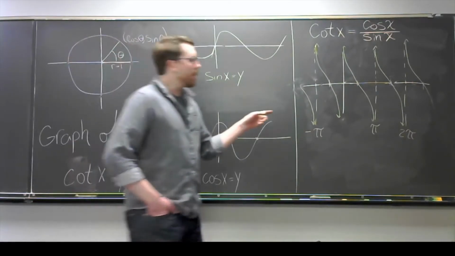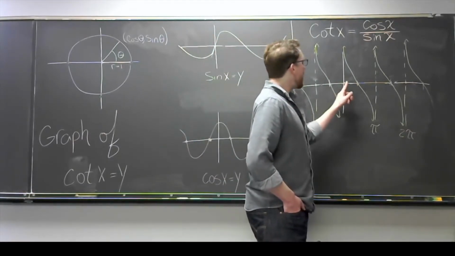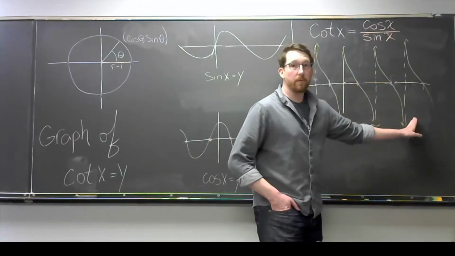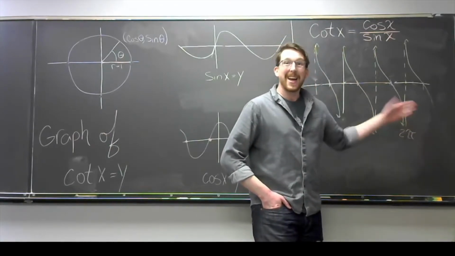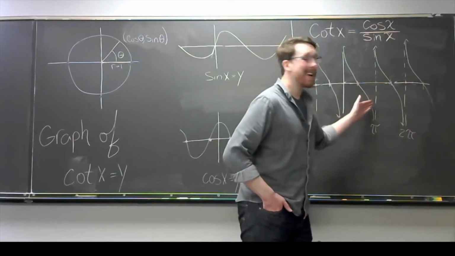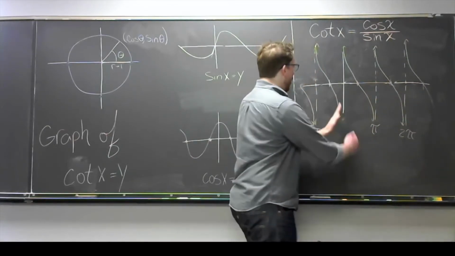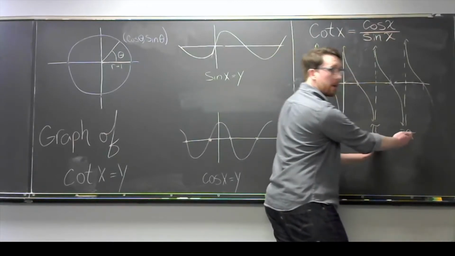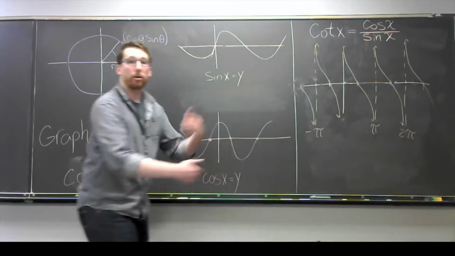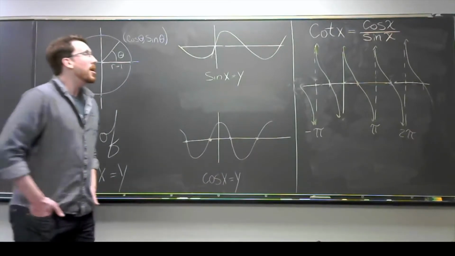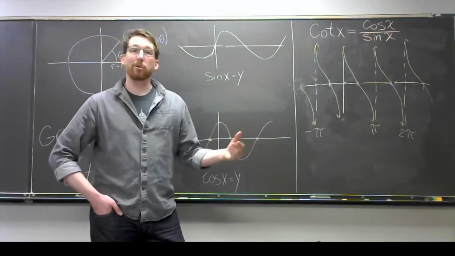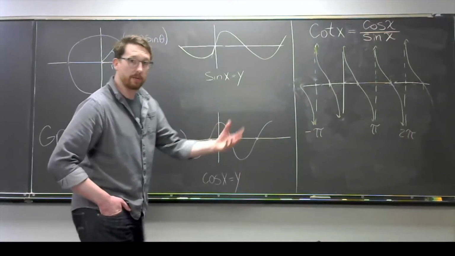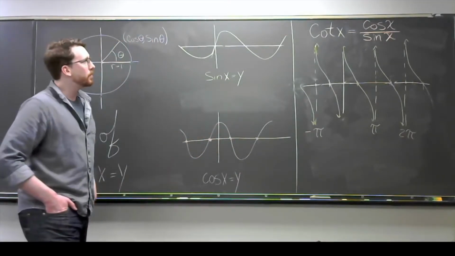Well, notice here, not only does cotangent repeat itself every 2 pi interval, it repeats itself every pi interval. We go from 0 to pi, from pi to 2 pi, and so forth and so on. It's because cotangent and tangent both are pi periodic. They repeat themselves every pi interval.